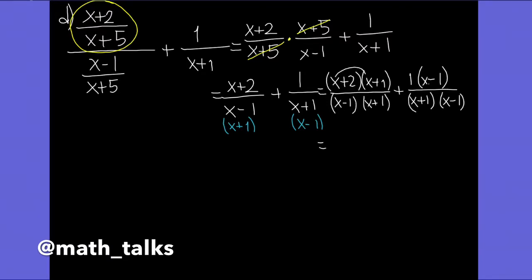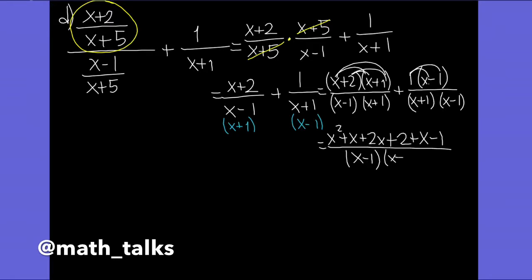Now here, x multiplied by x, x squared, x multiplied by 1, plus x, 2 multiplied by x, 2x, 2 multiplied by 1, 2. Directly you can write this: 1 multiplied by x, x, 1 multiplied by negative 1, negative 1. So what will be your denominator? (x minus 1)(x plus 1). They are the same, so you can write it one time.